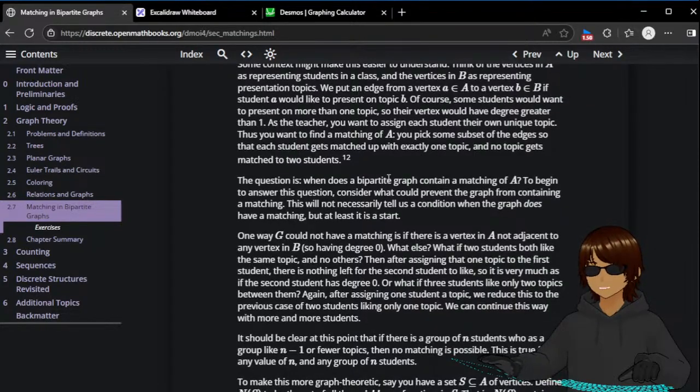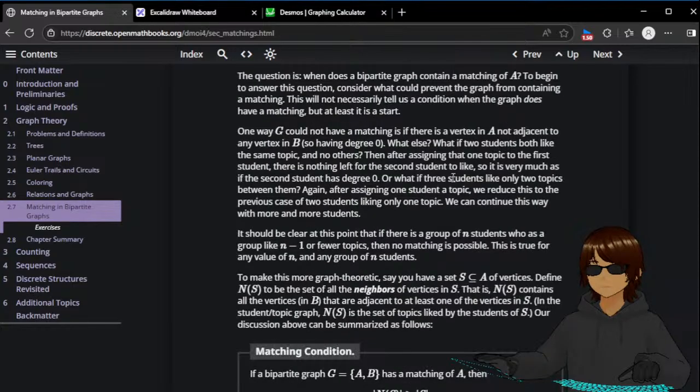The question is, when does a bipartite graph contain a matching of A? To begin answering this question, we will consider what could prevent the graph from containing a matching. This will not necessarily tell us the condition for the graph to have a matching, but at least it's a start. One way G could not have a matching is if there's a vertex in A not adjacent to any vertex in B, so having degree 0.